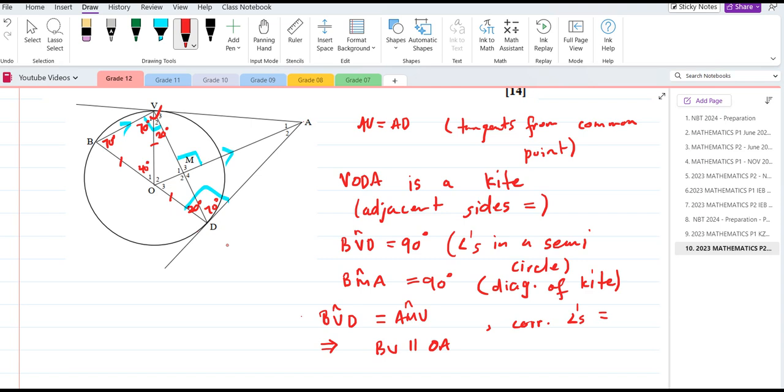how can we get angle O2 or O1, O2 or O3 to be 70? There's angle at center. Can you get angle at center here?